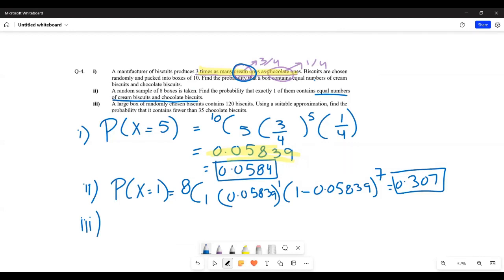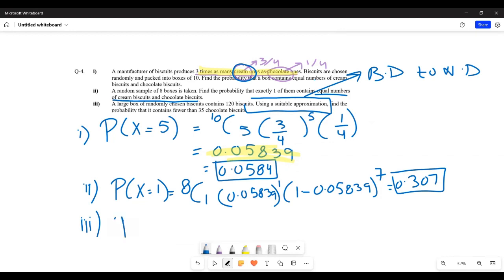A large box of randomly chosen biscuit contains 120 biscuits. By using a suitable approximation, which means convert binomial distribution to normal distribution, you have to take into account upper bound or lower bound. I forgot the last time, so we can't now. So probability that it contains fewer than 35 chocolates.